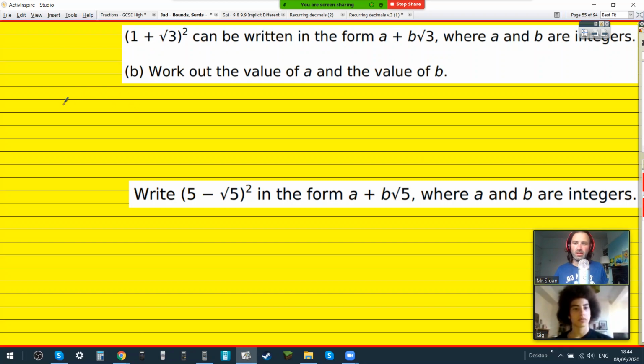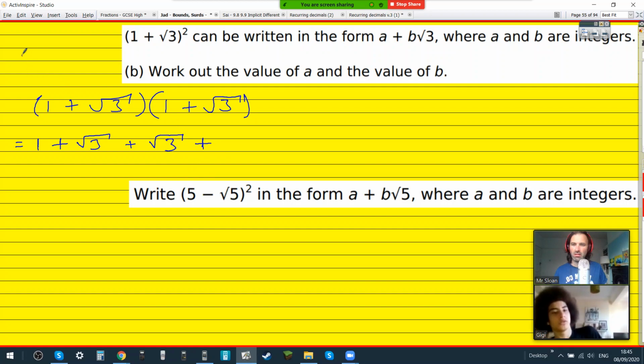The way you would do it, what does squared mean? Times itself. And so you do this as 1 plus root 3 times 1 plus root 3.